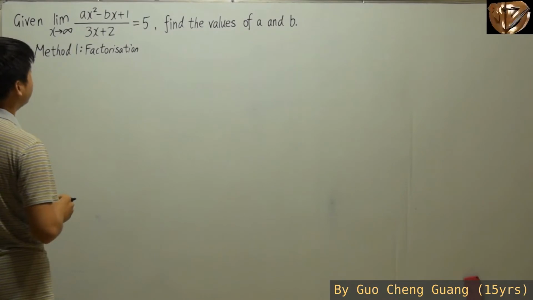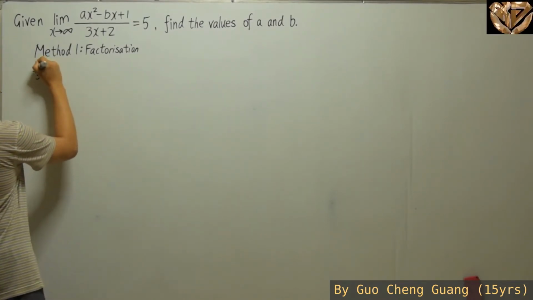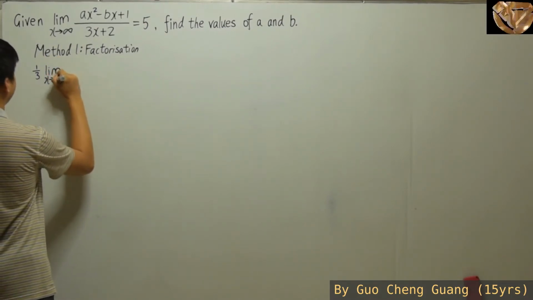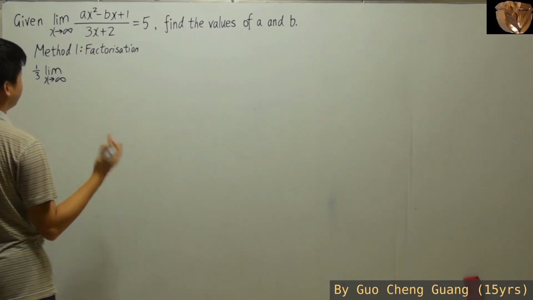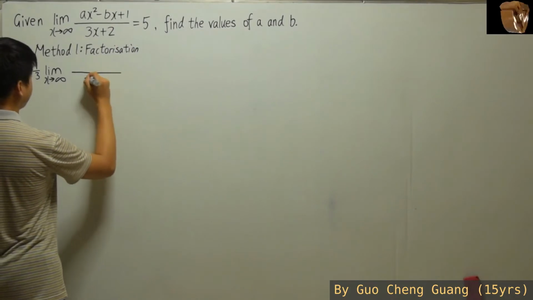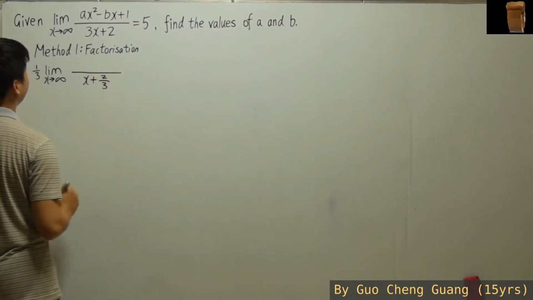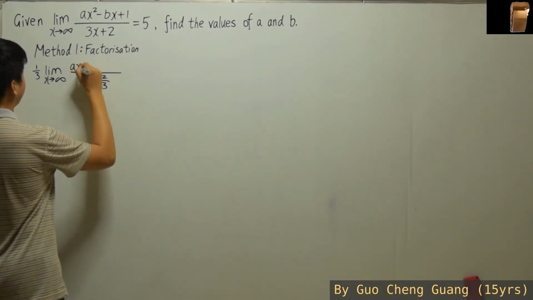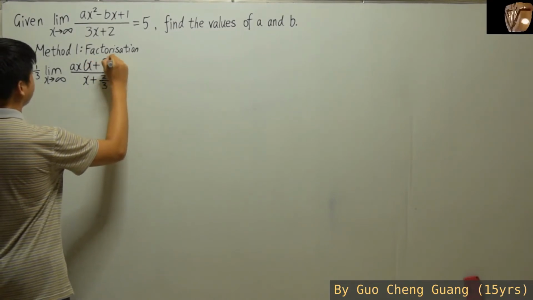Right, so in this factorization, what you can do is either take out a 1 over 3 first, or you can just directly try to manipulate whatever you have in the numerator. So, when you take out 1 over 3, your denominator becomes x plus 2 over 3, which means in the numerator you have ax plus 2 over 3.